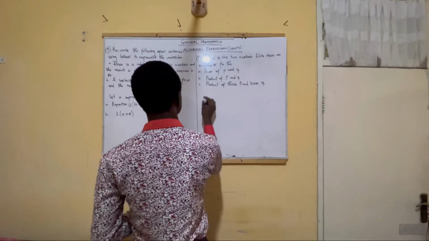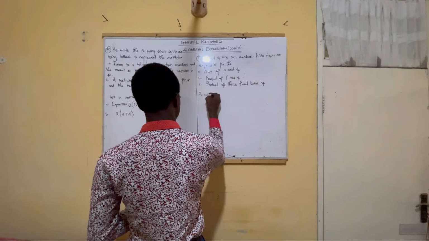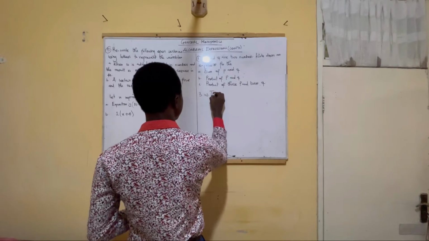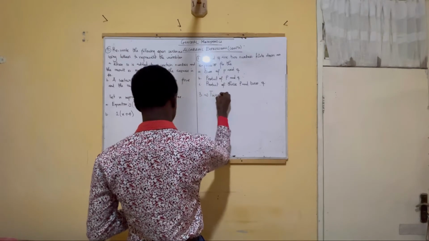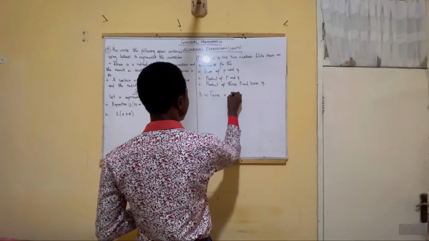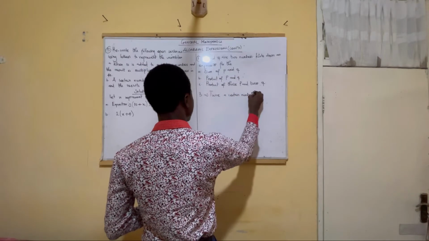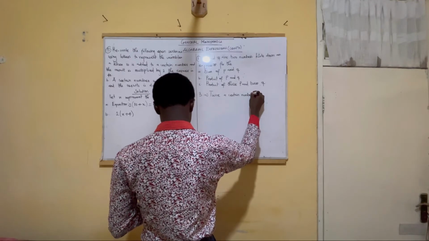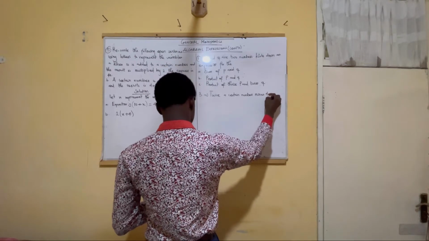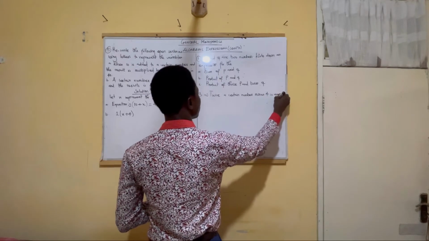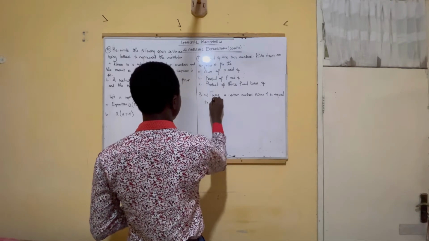The question moves on to number 3, C. It says: twice a certain number minus 4 is equal to 5.